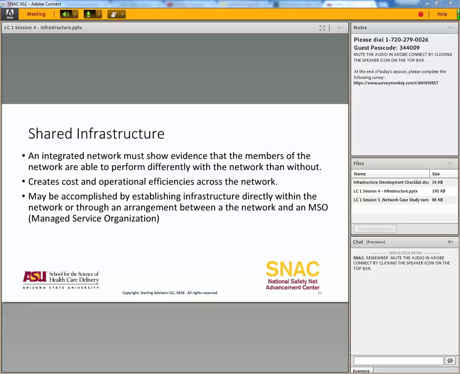So an integrated network, whether it's financially or clinically, one of the litmus tests that's applied is whether the infrastructure of the network allows its members to perform differently than if they didn't have that infrastructure.